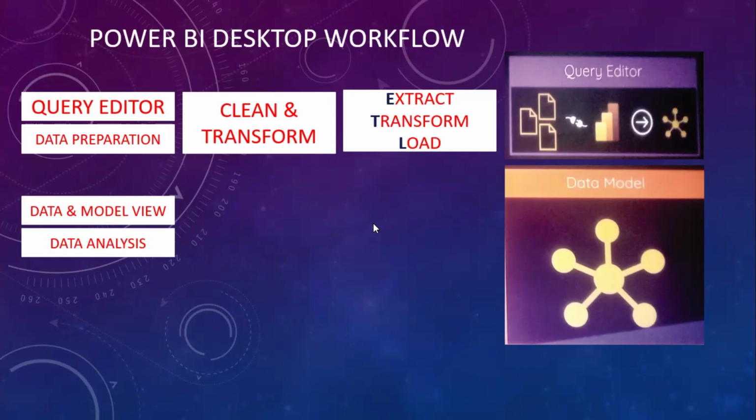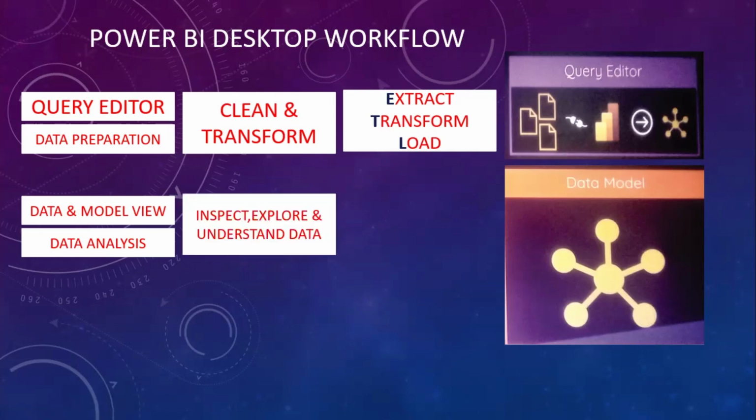Then, in the process of creating insights, you have to perform what we call inspect, explore, and understand data. That's exactly what happens between the first two, data view and the data analysis.